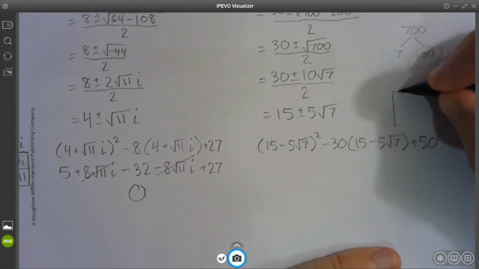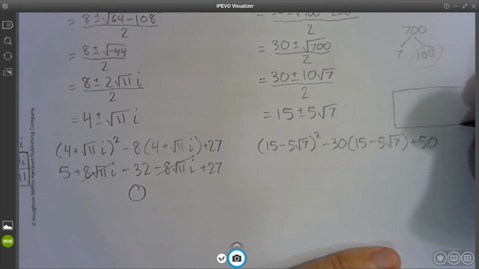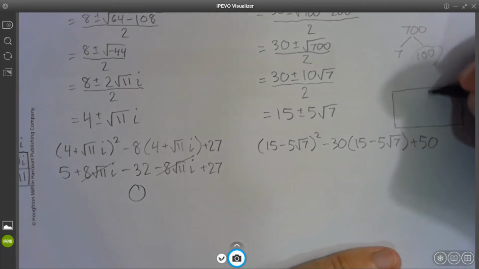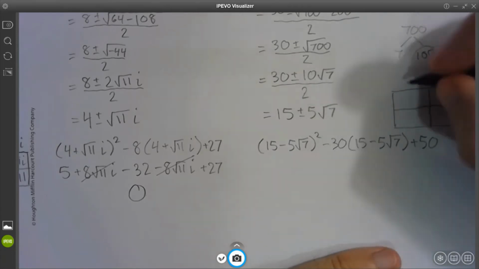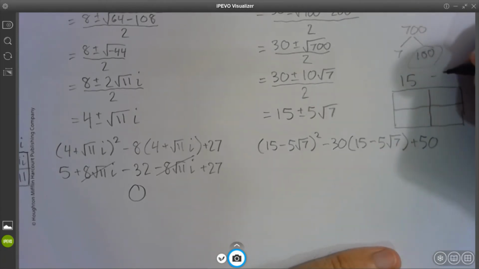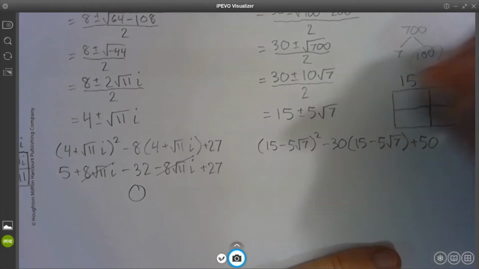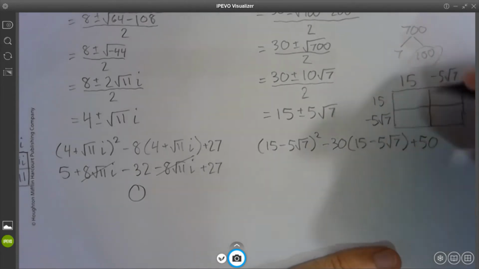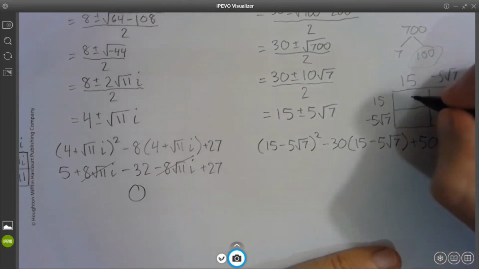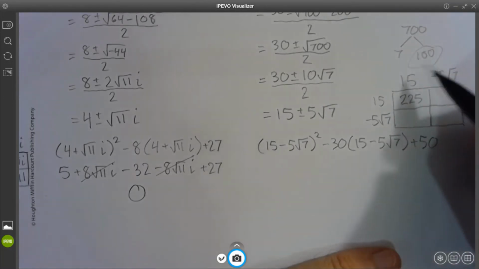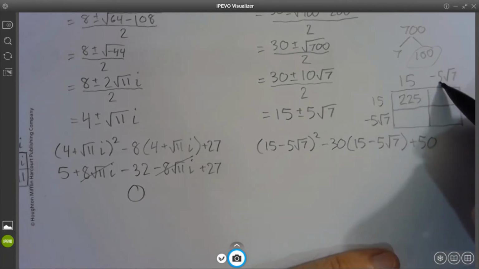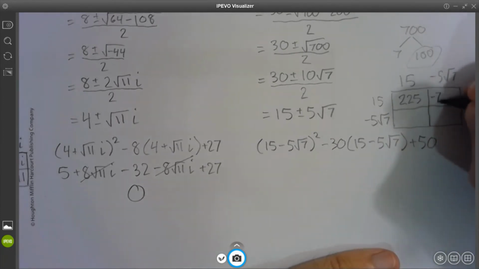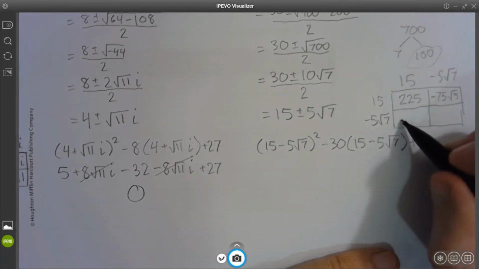You can absolutely use FOIL, but I just like the box method. 15 minus 5 root 7, and 15 minus 5 root 7 again. 15 times 15 is 225. Pays to have your perfect squares memorized. 15 times 5 is 75, so this is negative 75 root 7, as is this.